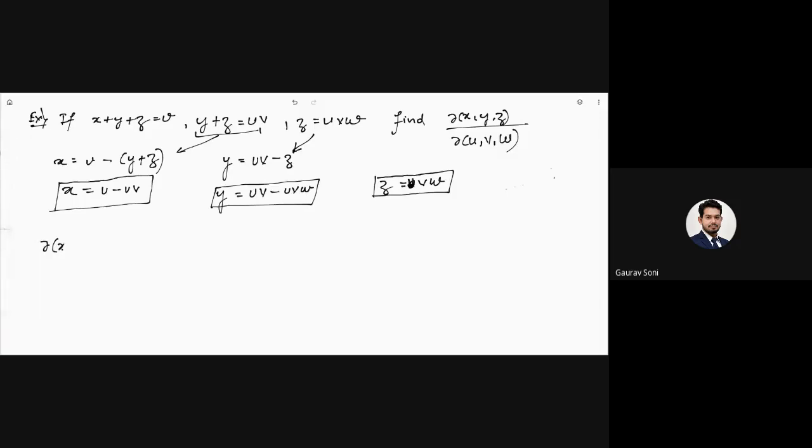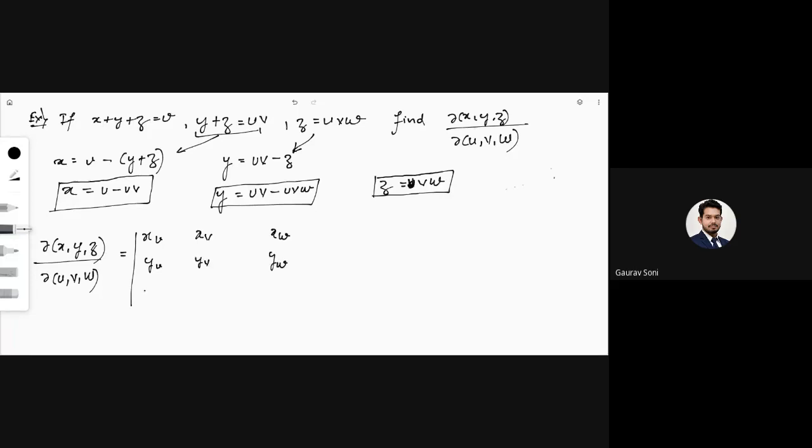Jacobian of xyz with respect to UVW is equal to determinant xu, xv, xw, yu, yv, yw, zu, zv, zw.